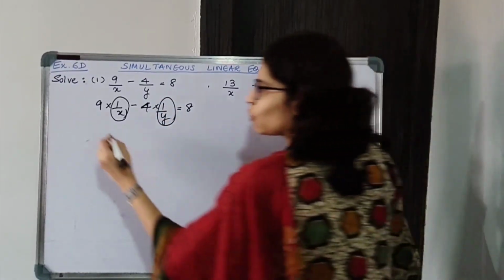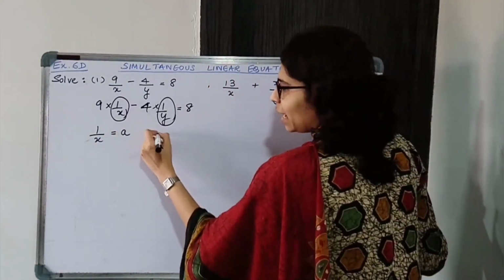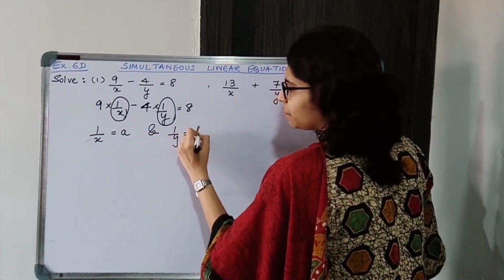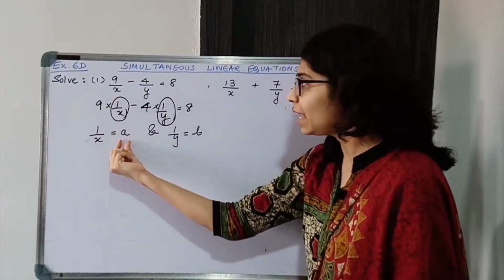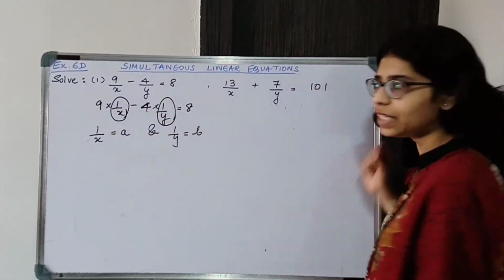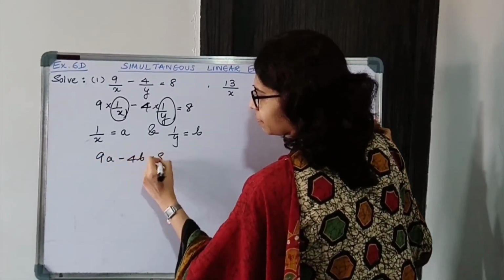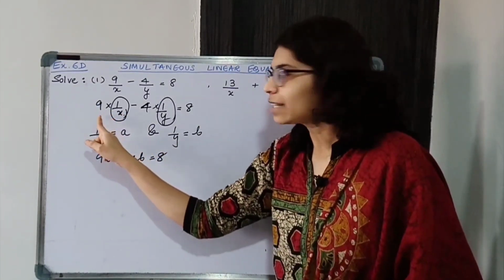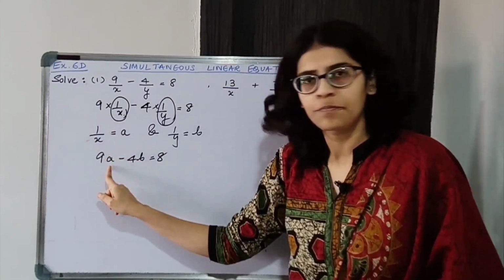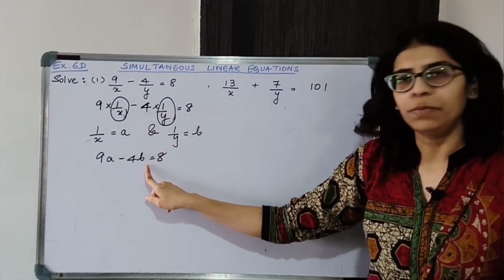So we'll take 1 upon x as, let's say, a and 1 upon y as b. So this whole thing will become a, this whole thing will become b. We have 9 into 1 upon x, that will become 9 into a, and 4 into 1 upon y, so that will become 4 into b.